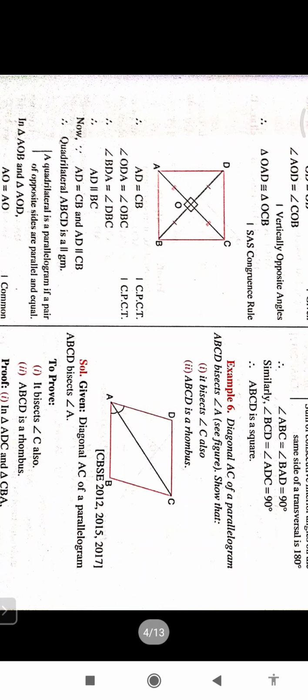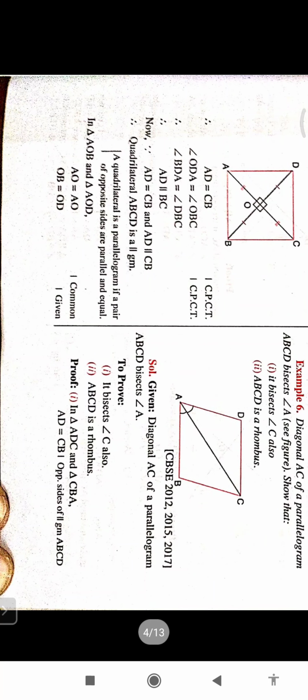Given: diagonal AC of a parallelogram ABCD bisects angle A. You can see diagonal AC bisects angle A. There are symbols in the figure, small angle and then small angle. Both the small angles are equal, it means it bisects. And second, we have proved ABCD is a rhombus. It is given a parallelogram, but we have proved it is a rhombus.